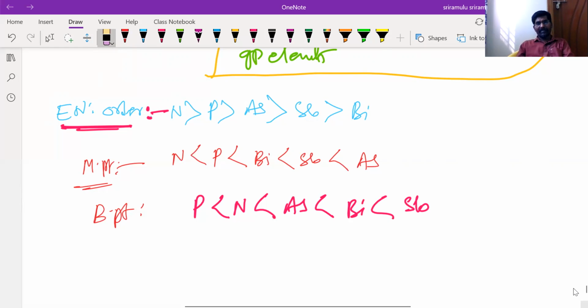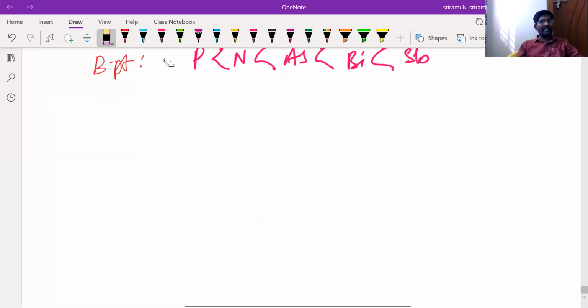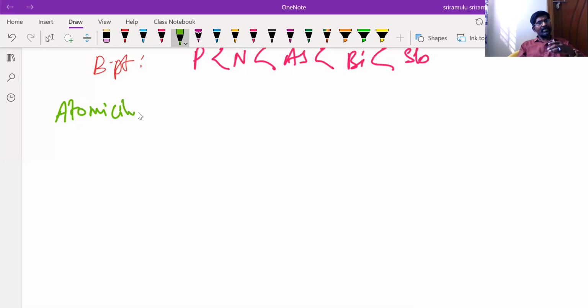And the next concept is atomicity. Students, now we want to talk about atomicity. Atomicity means the number of atoms present within the molecule. Nitrogen always exists as a diatomic gas.